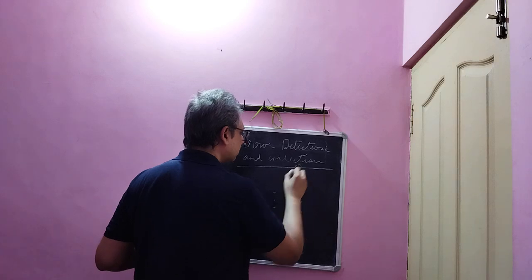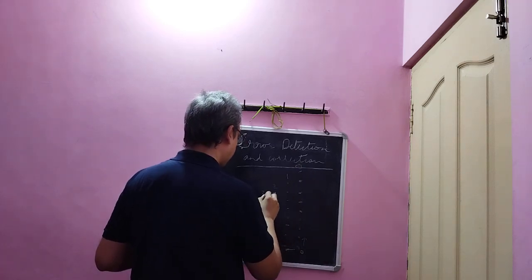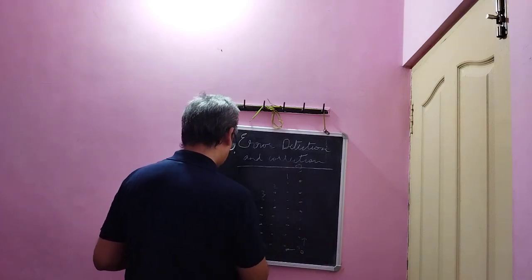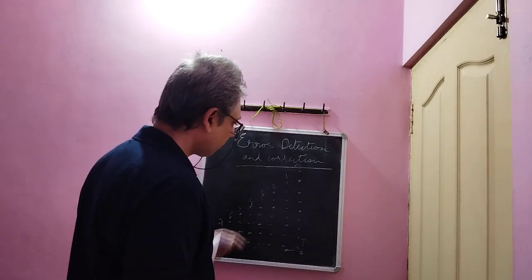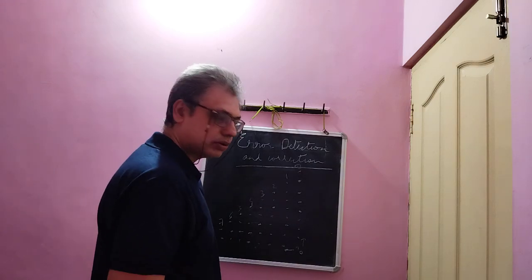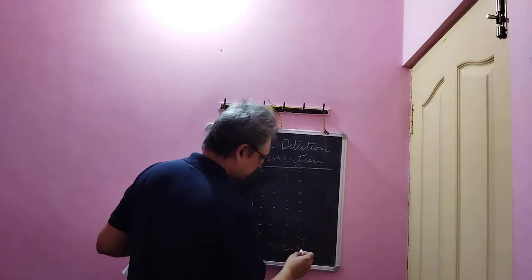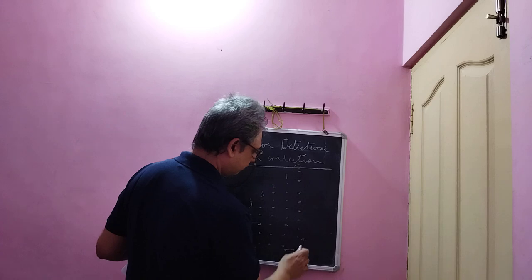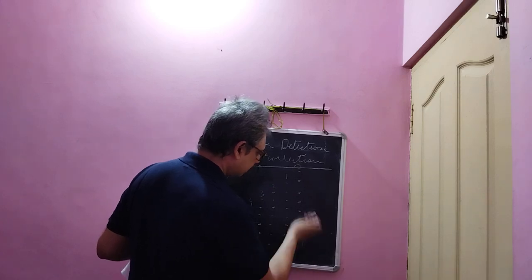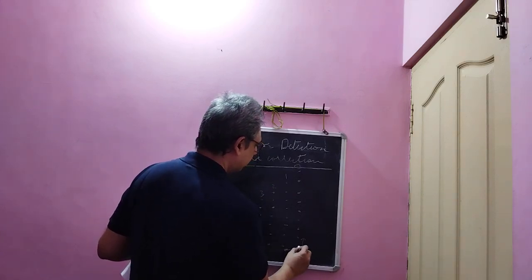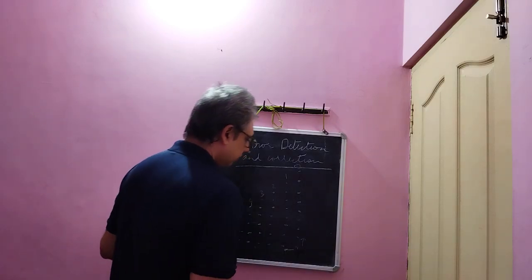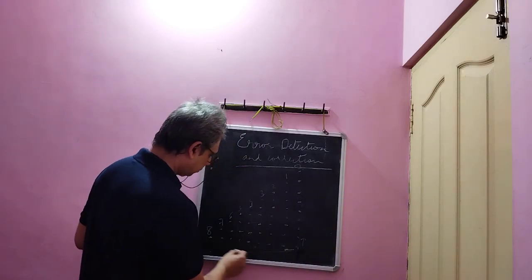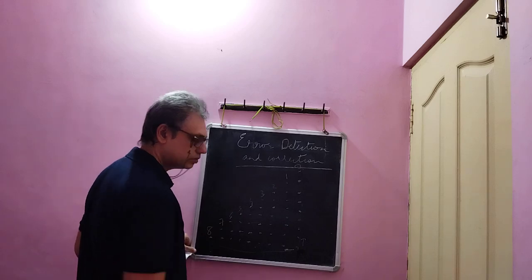So I will number this 0, 1, 2, 3, 4, 5, 6, 7, 8. So there are 9 points, and I am interested only in these 9. So if I have an 8-bit code, say some value, if it is all 1s, 1, 1, 1, 1, 1, 1, 1, it is up, so it is like this. It comes to 0. If it is all 0s, it comes to this value 8.